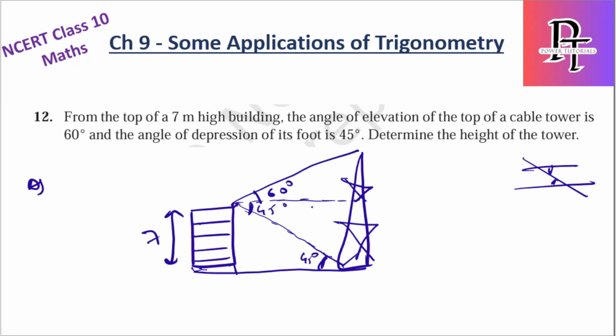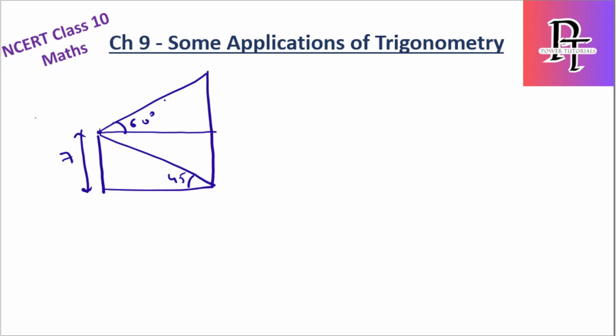Anything else? That's it. So what you have to find? You have to find the height of the tower. So you have to find the total h. Before that, this is 7, so obviously this will be 7, correct?